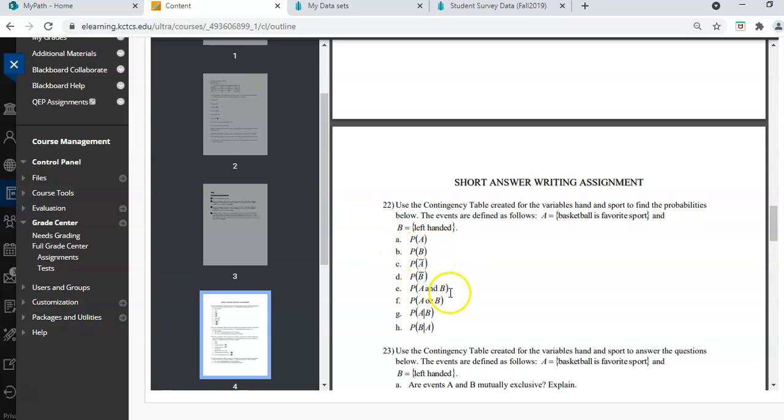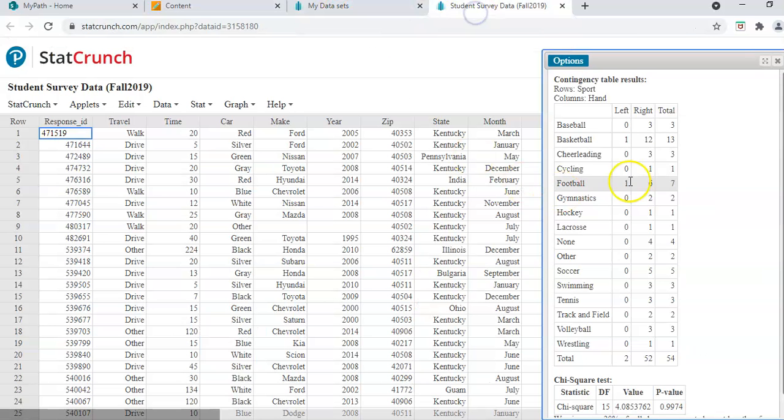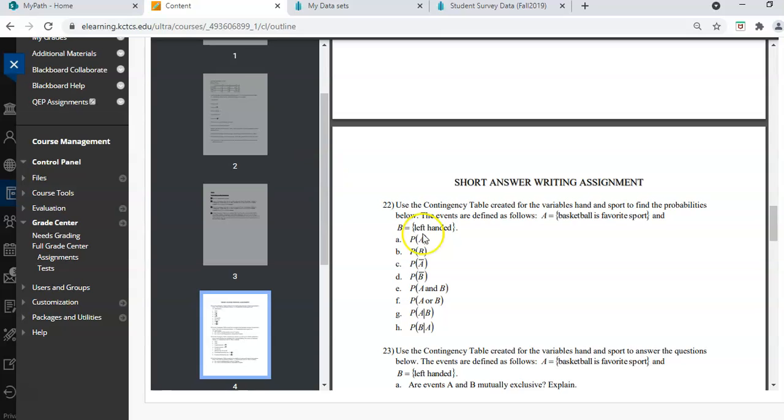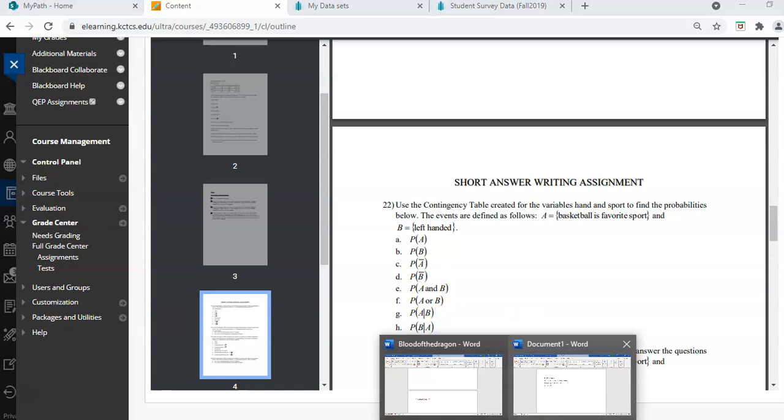All right, so the probability of A and B. We're looking at people who had basketball as their favorite sport and are left-handed. If we look up here, basketball as their favorite sport are these people right here. Left-handed is this column right here. They overlap right here. There's 1 person out of 54. All right, and then if we go back here, probability of A or B. Okay, so we need to use the formula for that.